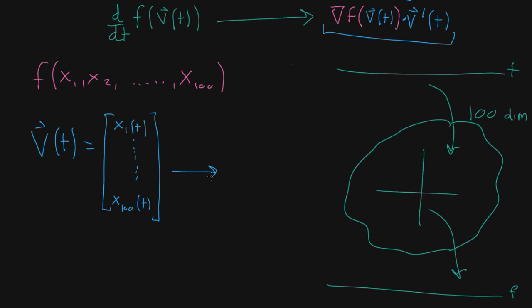So when you take the derivative with respect to t, each component gets differentiated: dx1/dt, dx2/dt, on and on until dx100/dt. So this was the vectorized form of the multivariable chain rule.